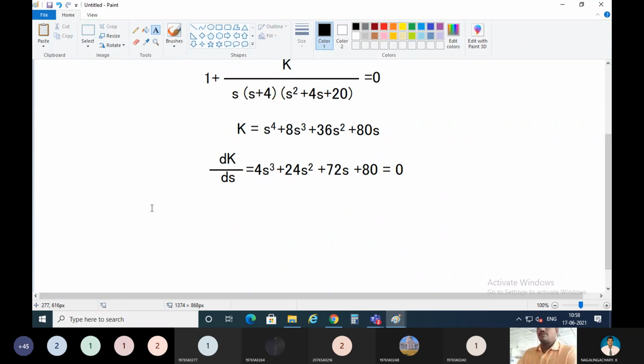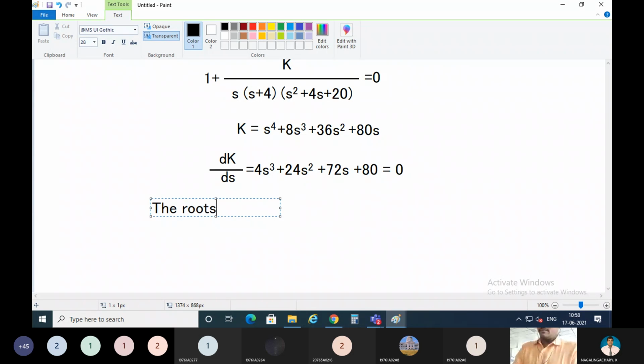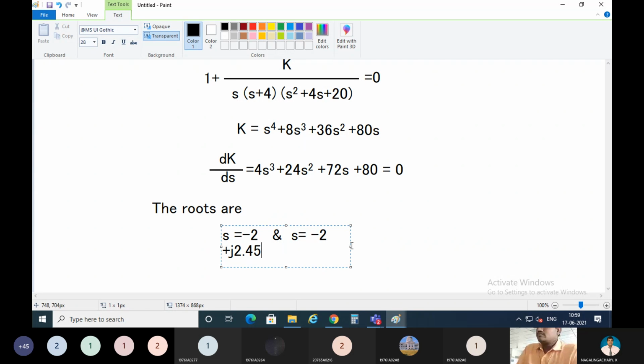So the roots are: s is equal to -2, s is equal to -2 plus j 2.45, and s is equal to -2 minus j 2.45.